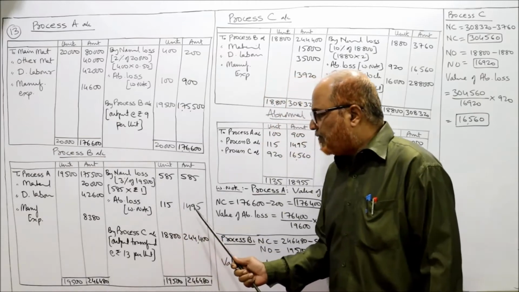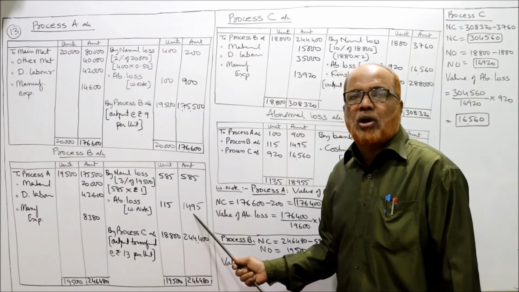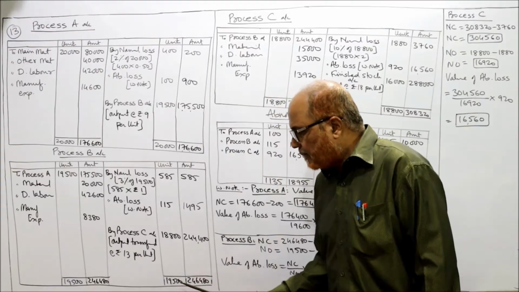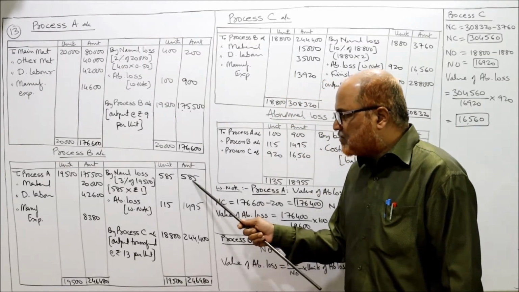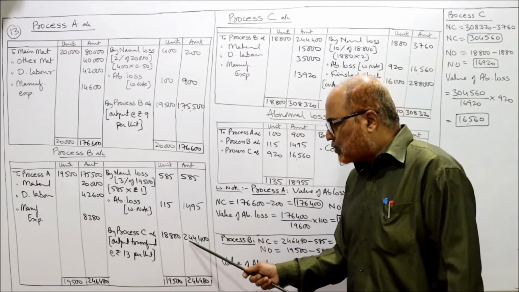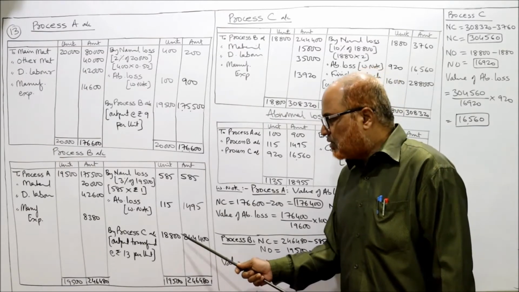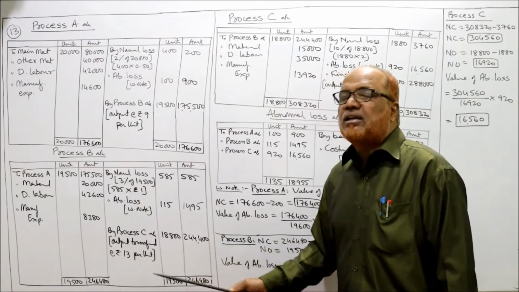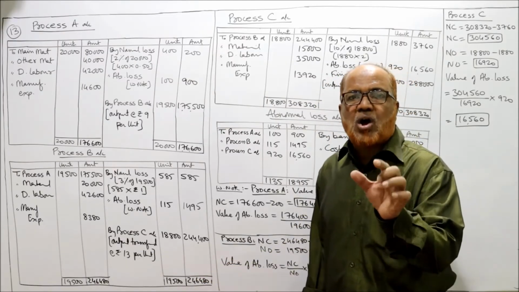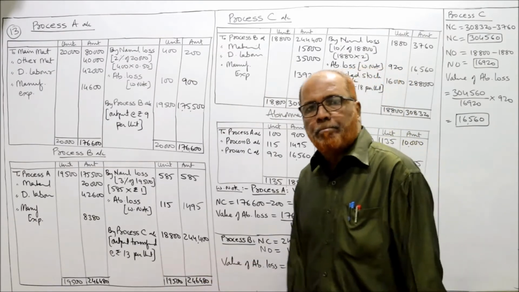So 1495 is the value of abnormal loss. Now take the total. From this total subtract 585 and 1495, you get 2,44,400. This is the value of output. This will be divided by 18,800. 13 rupees per unit is the cost in process B.